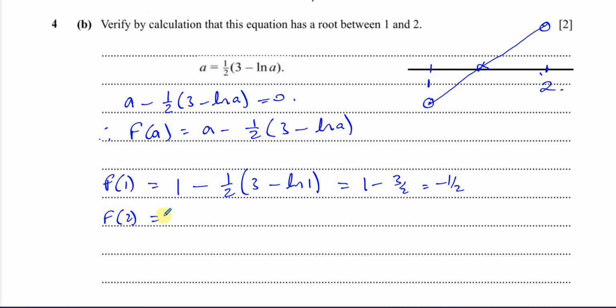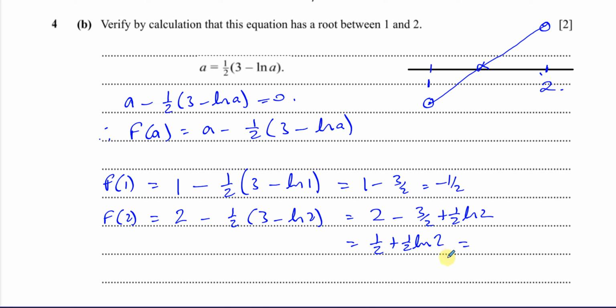So if I put 2 inside this function, I'll have 2 minus a half times 3 minus ln of 2, which gives you 2 minus 3 over 2, and now minus a half times minus ln 2 is plus a half ln 2, which gives you 2 minus 3 over 2, which is a half, plus a half ln 2.